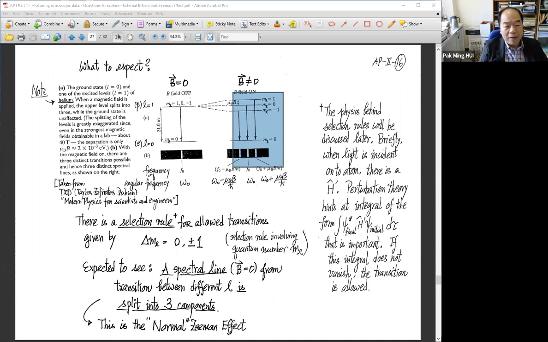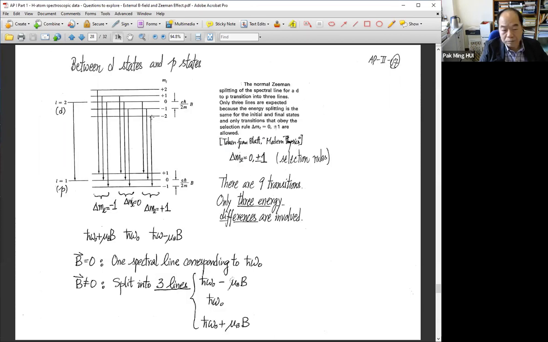Now, let's see. What happens if we consider 3D going to 2P? Here I depict a 3D and a 2P, for example. We discussed the D state. There are 5 degenerate states.